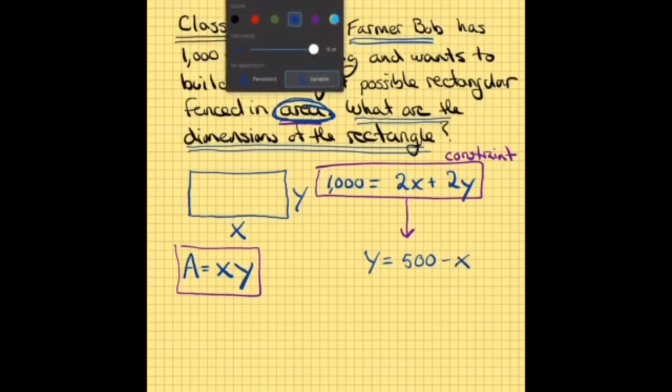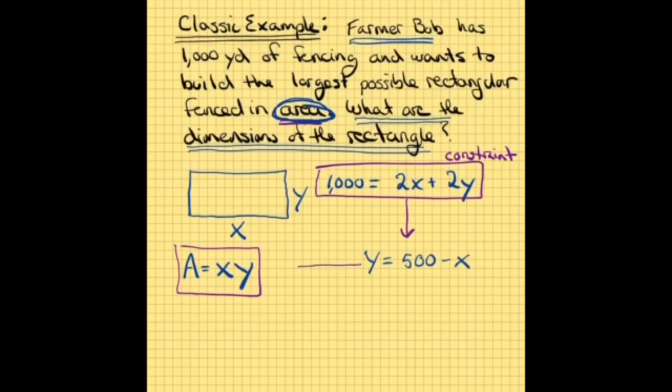Then I'm going to use this y value to plug into the area function so that I have one variable. So now the area, I'm going to call it A of x, equals x times, replacing y with what it is in terms of x, 500 minus x. I like to distribute this x to each piece. Okay? So this is our area function, and remember, we want to maximize the area.